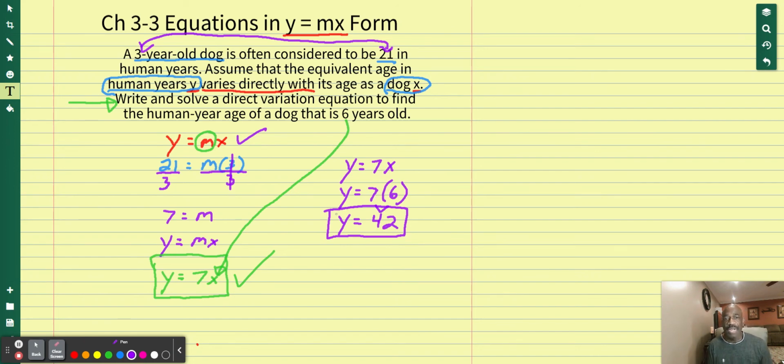Many of you have a dog that's 10 years old, so we can plug that in now. If we have a dog that's 10 years old and we use this formula, watch what happens. We're going to plug in 10 right here. How old is this dog in human years? It will be equivalent to a 70-year-old person.